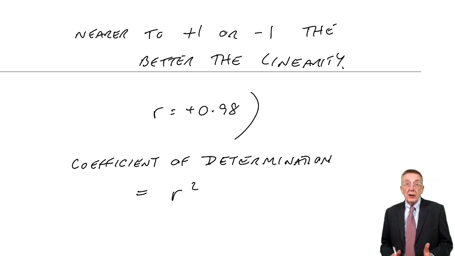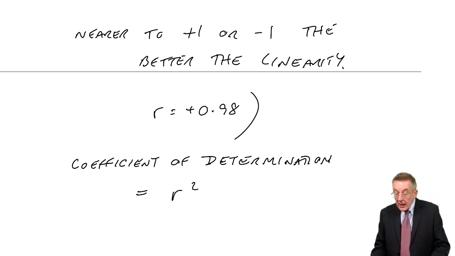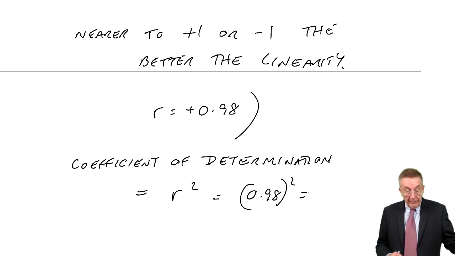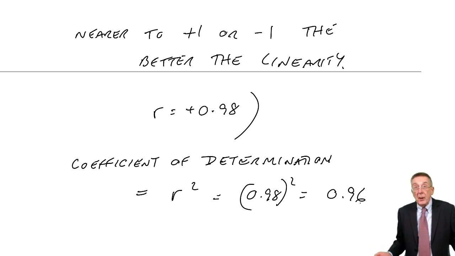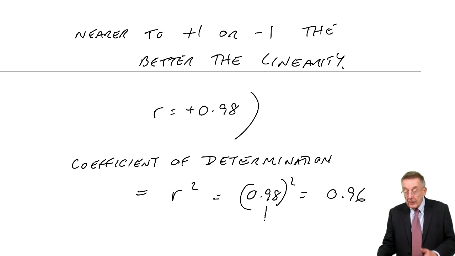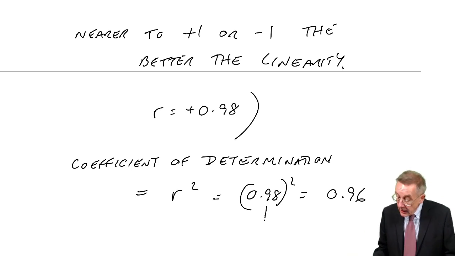It's the coefficient of correlation squared. And so in our case, 0.98 squared is how much? It's 0.96, which incidentally is always positive because although the coefficient of correlation could be positive or negative, when you square a negative number, it becomes positive. So that's all it is.